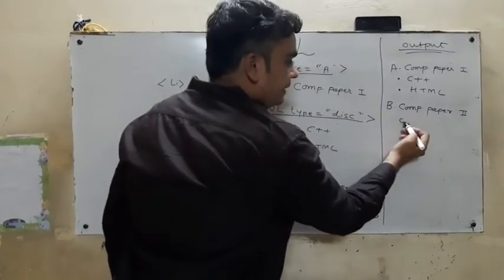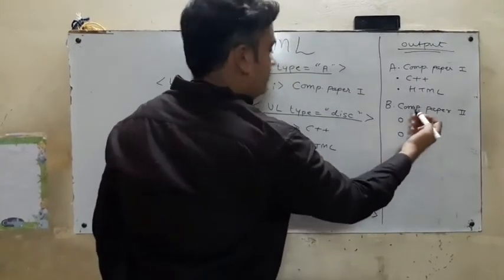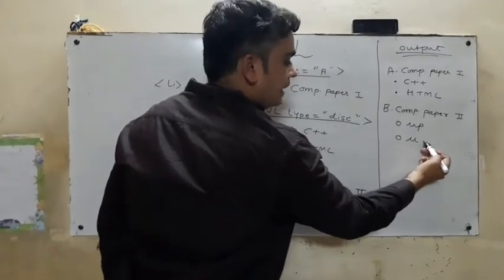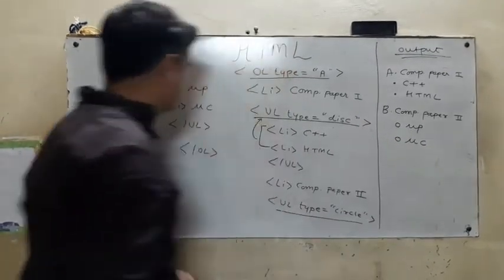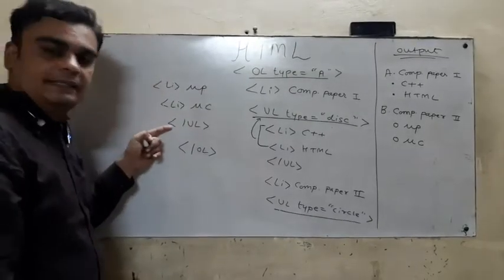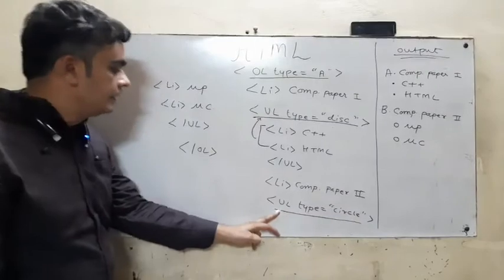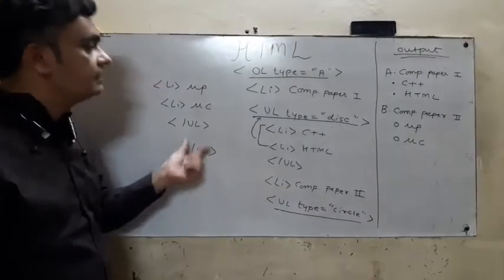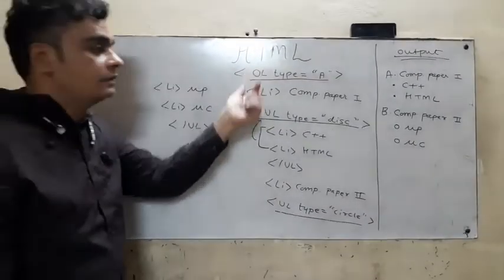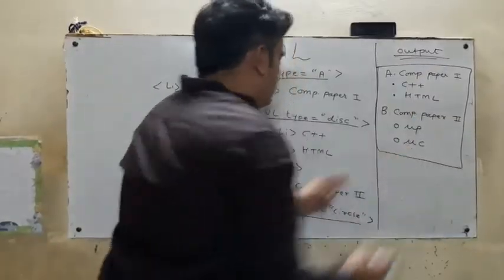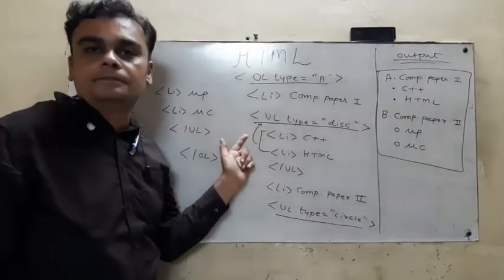So it is represented by a hollow circle, and my first element is microprocessor, second one is microcontroller. After this slash UL is there, meaning termination of this innermost unordered list, and /OL represents termination of the outermost ordered list. So this is my output with this related program.